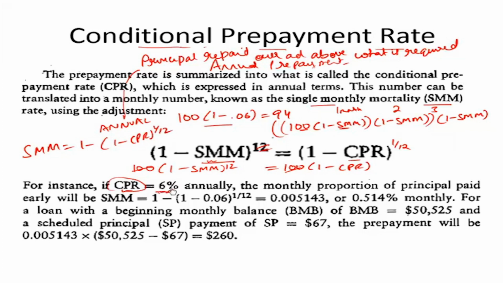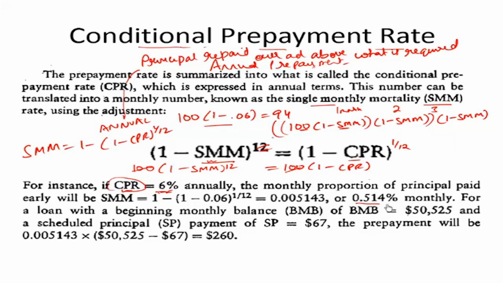So if CPR is 6%, SMM can be calculated as 1 minus (1 minus 0.06) to the power 1 by 12. That comes out to be 0.00514 or 0.514% monthly.